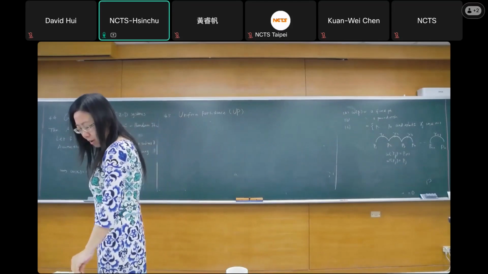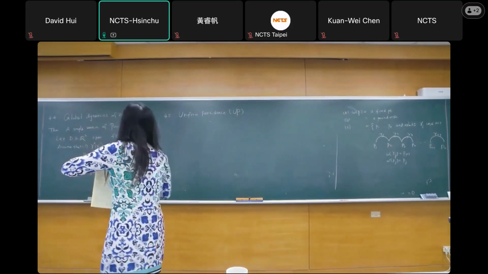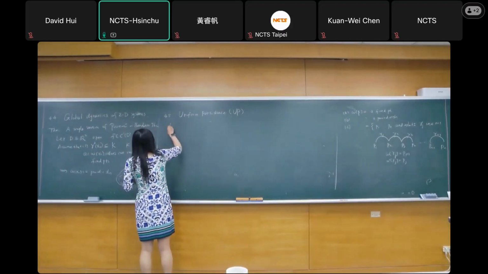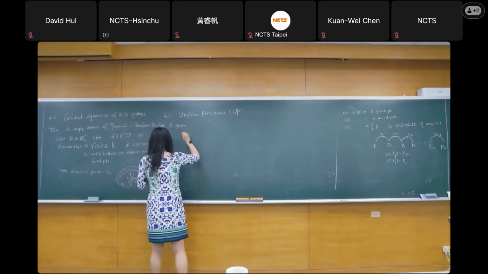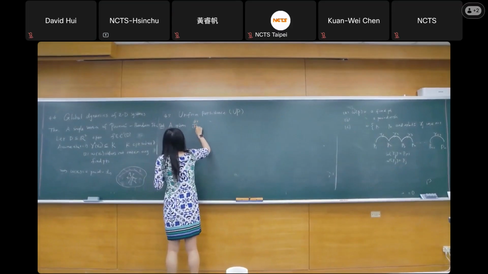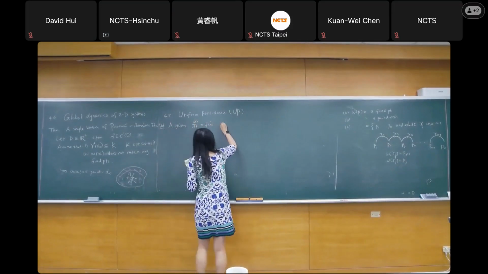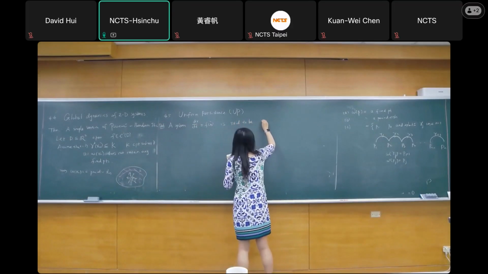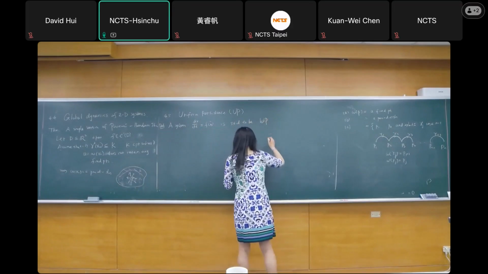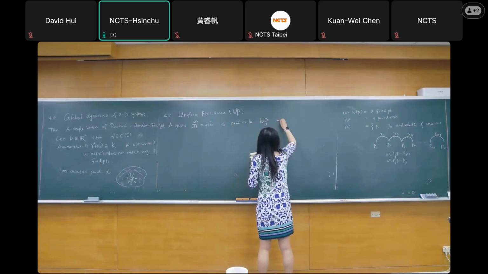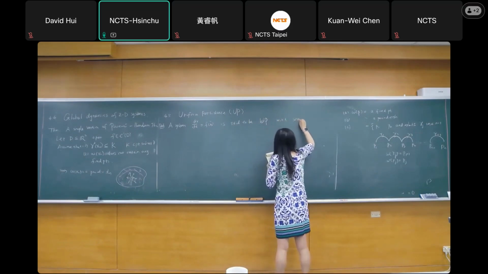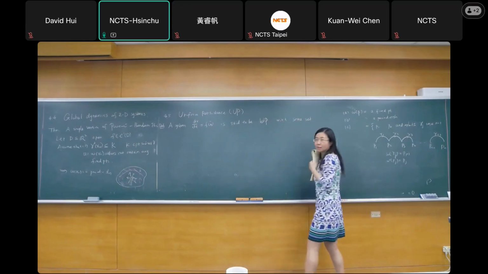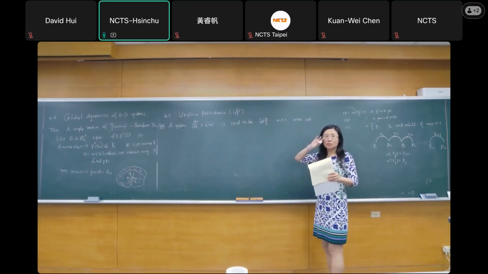All right, and mathematically, what does uniform persistence mean? Now, a system is uniformly persistent with respect to some set. For the disease case, it's some way of capturing extinction.